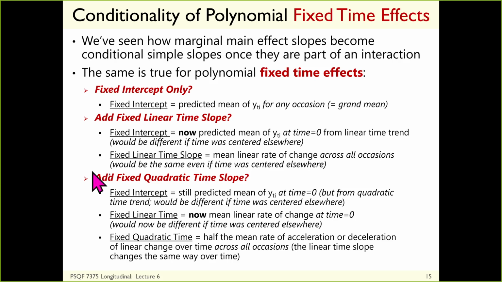So the trick then is just making sure that you know what these things mean, which are relative to time zero and which aren't. If the quadratic trend is the highest order term in the model, then it is constant. So it is a constant rate of acceleration or deceleration. Can you guess what would happen if I added cubic time, time to the third power?